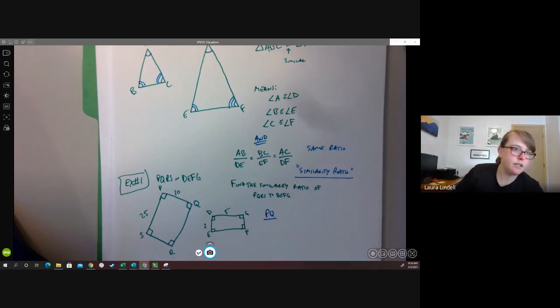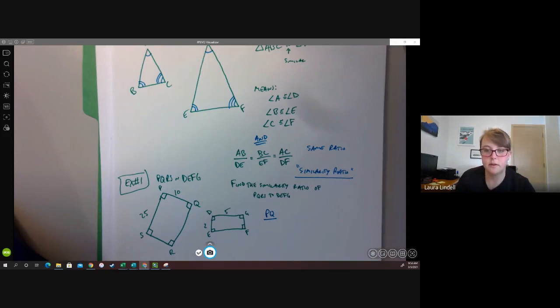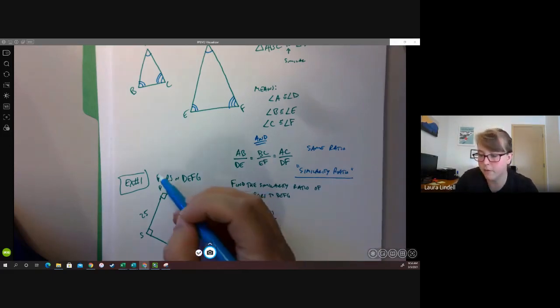And then what side does PQ go with on DEFG? Based on letter order, which side from PQRS or from DEFG goes with PQ? So PQ are the first two letters.